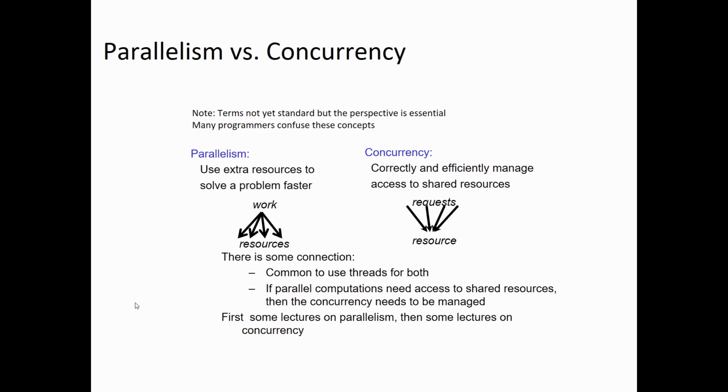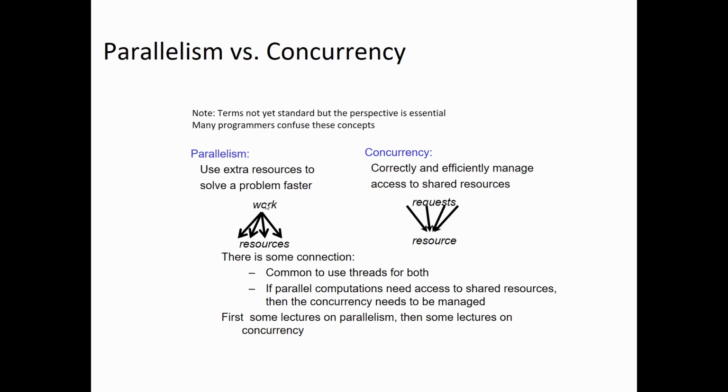Okay. So one of the problems, the one mentioned by me before, is the problem of parallelism. Okay, so we use extra resources, extra CPUs, extra cores available in our computers to solve a problem faster.